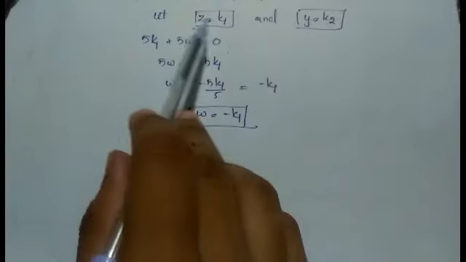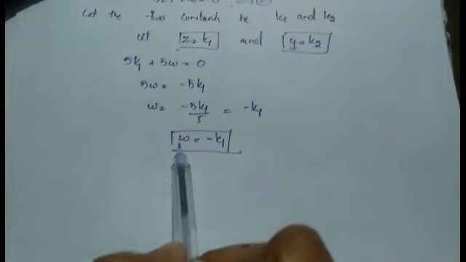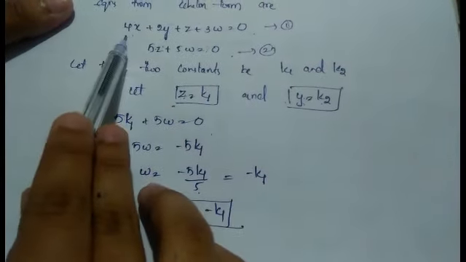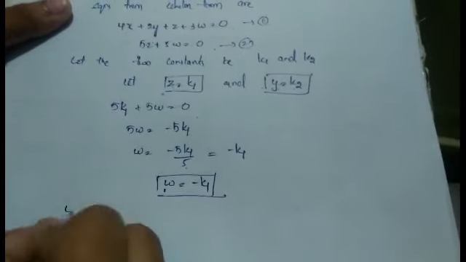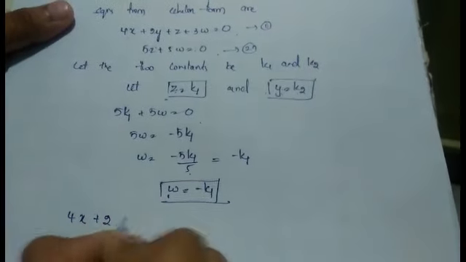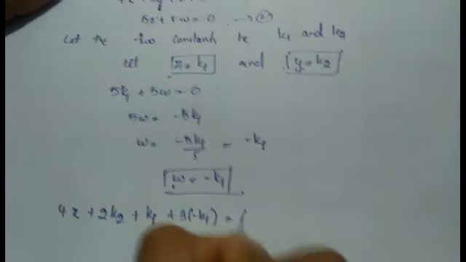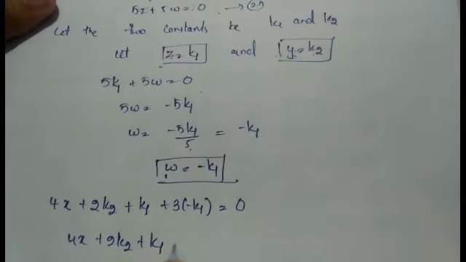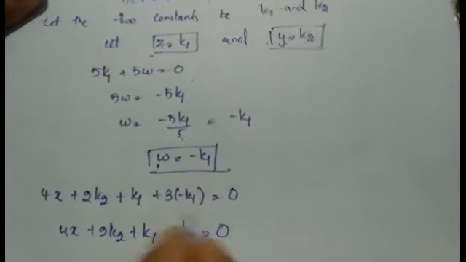Now substitute these z, y and w values in equation 1 in order to get the value of x. Then 4x plus 2 into k2 plus k1 plus 3 into minus k1 is equal to 0. Then we get 4x plus 2k2 plus k1 minus 3k1 is equal to 0.